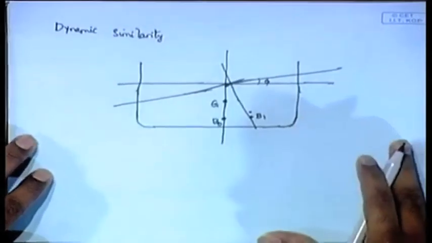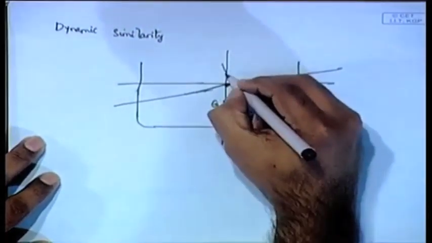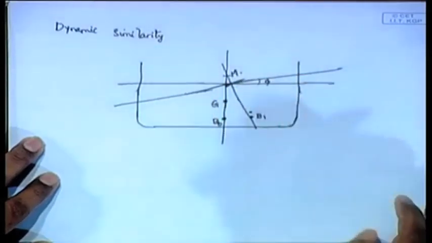Now, draw a vertical here, and this is the metacenter M.